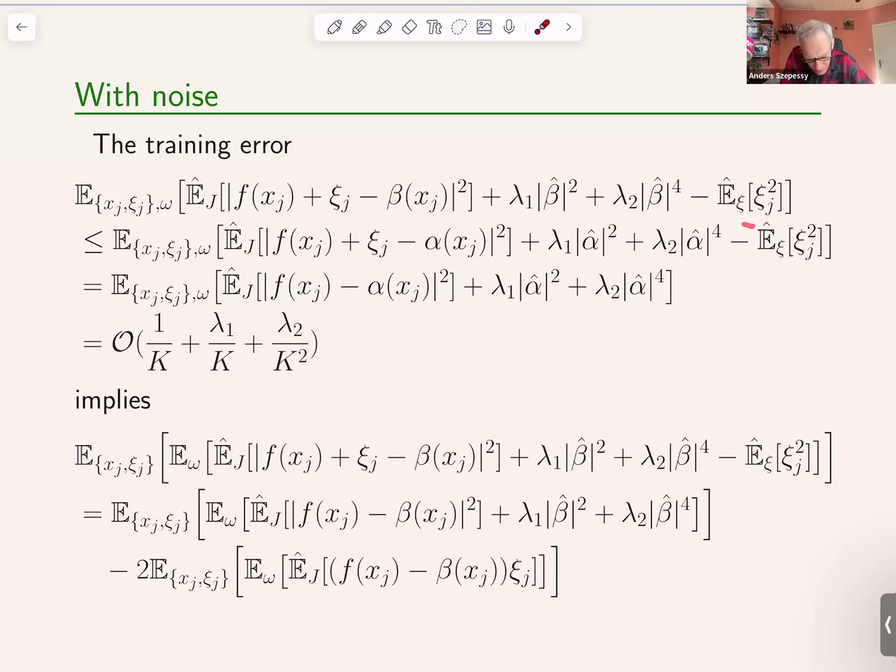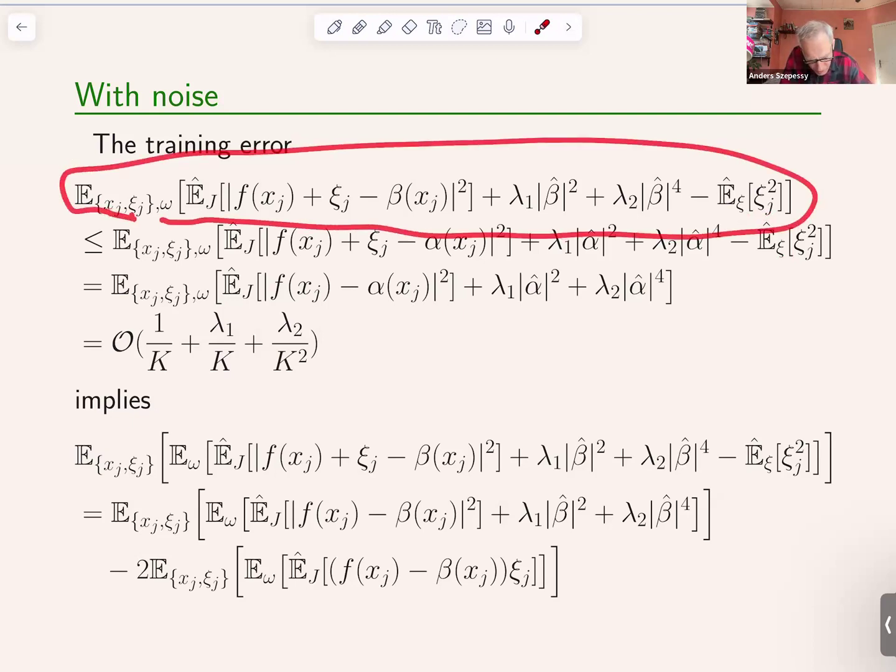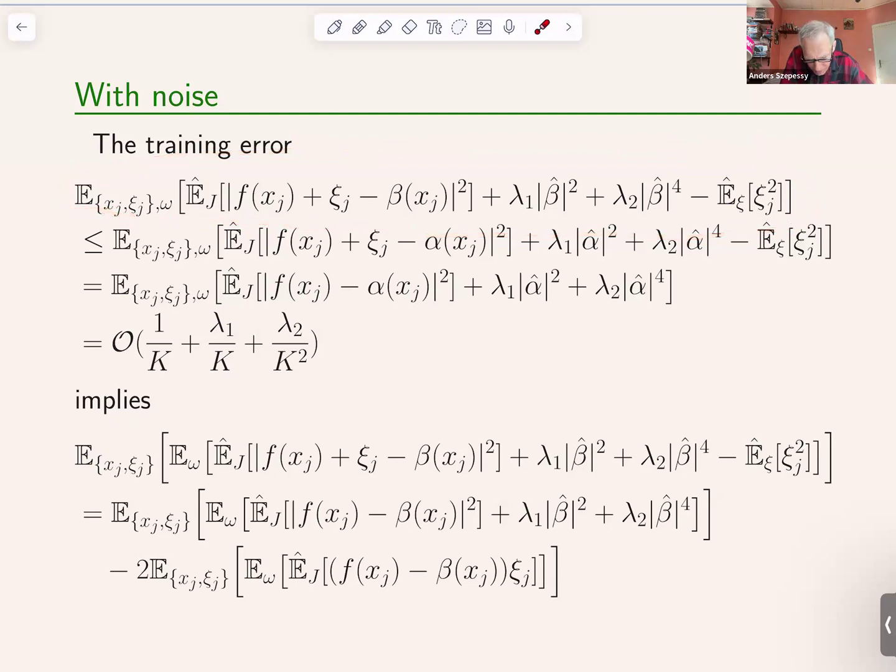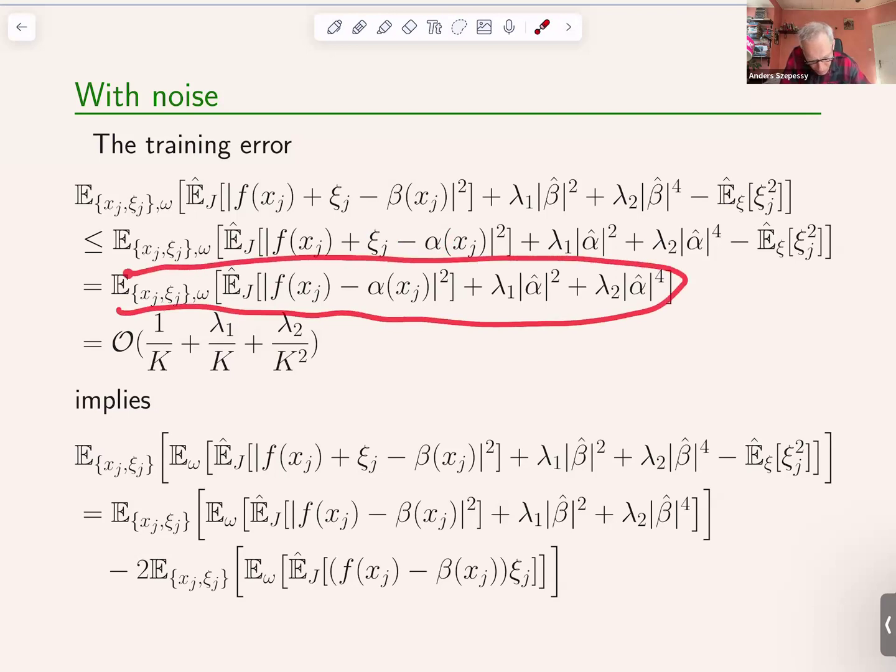Okay, so this is what we want to estimate, and we replace the neural network with the test function, which can only give a larger value, since the neural network is minimized. And because the test function does not depend on the noise, it simplifies to the thing we have already estimated, which is that.